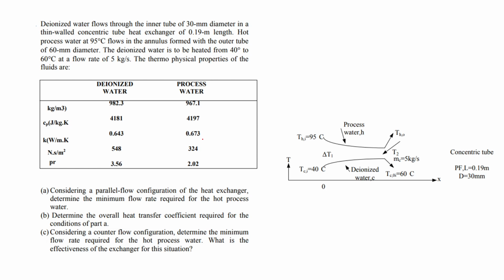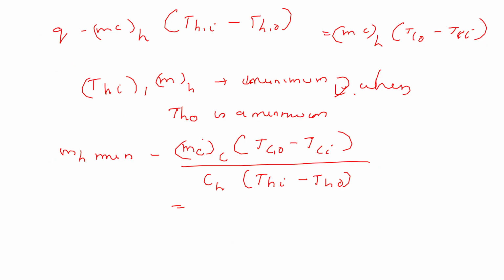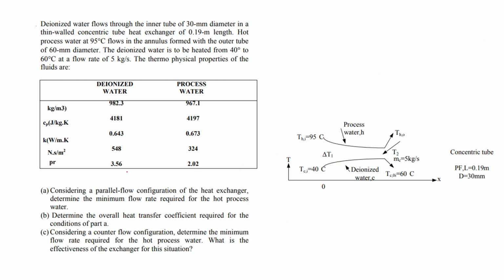So just substitute these values, calculate it through the calculator, and you will get 2.85 kilogram per second. So that is our first question, the minimum flow rate.